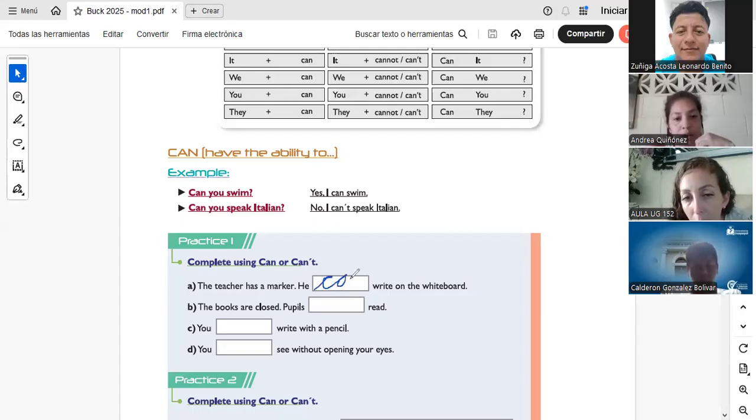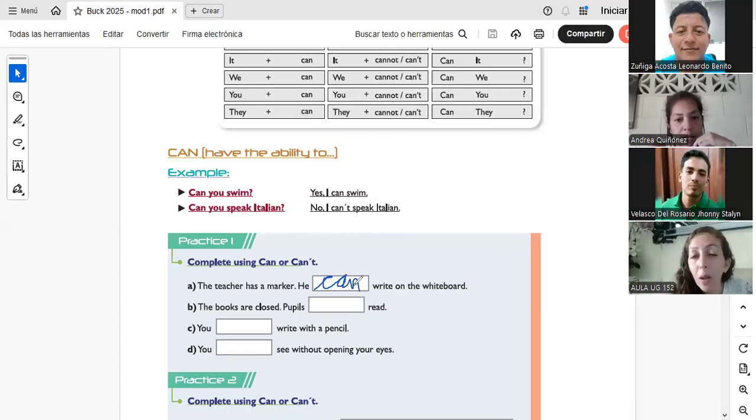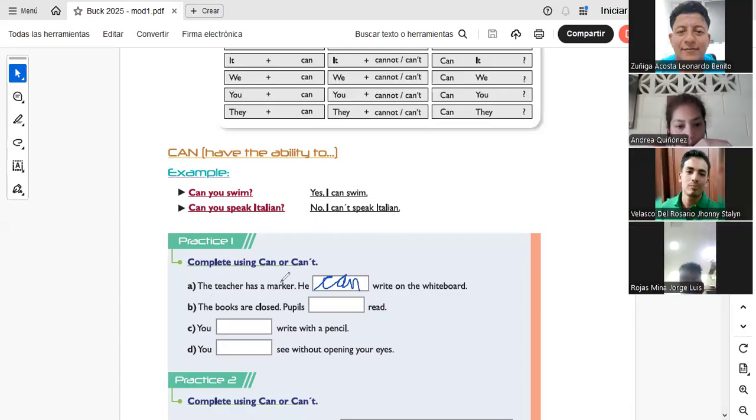He can write. In affirmative or negative? It is affirmative, that's correct. The teacher has a marker. He can, so he has the ability to write on the whiteboard. That is correct. Andrea, what about letter B?